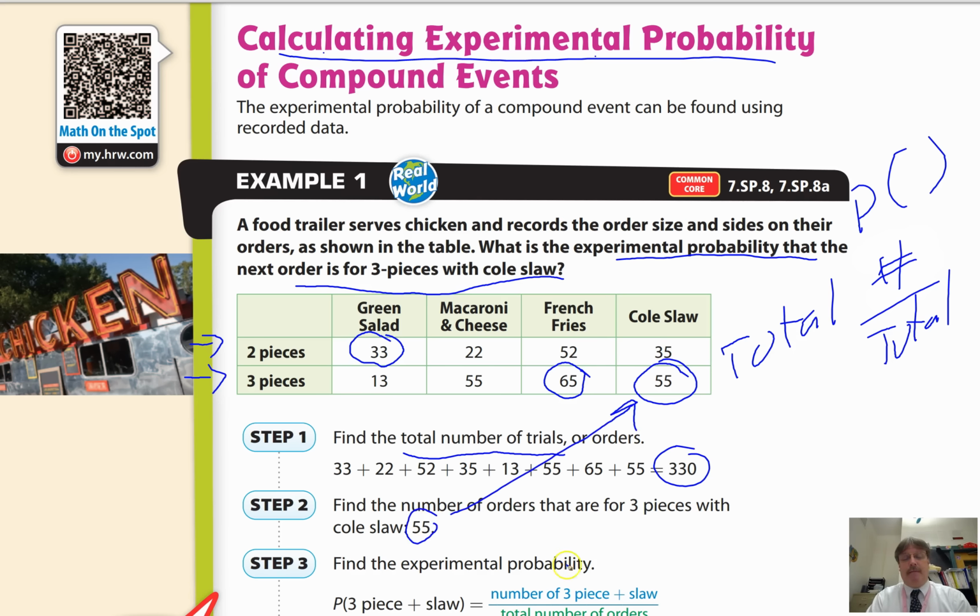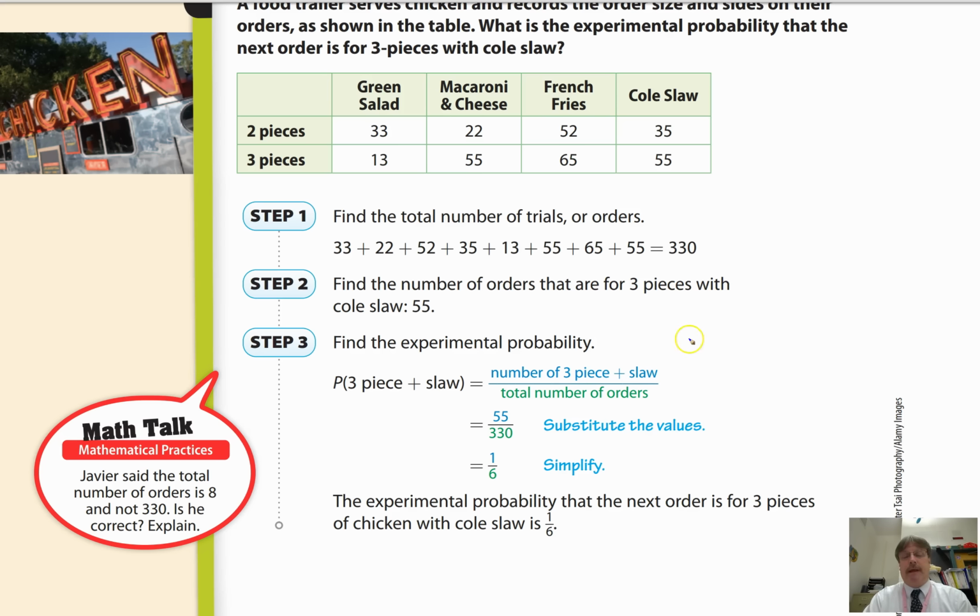So find the experimental probability of the 3-piece plus the coleslaw. Right here. Okay, so we put our numbers in place, and we have the 55 over the 330. And then you simplify this as much as you can, and in our case it's going to come down to 1/6.